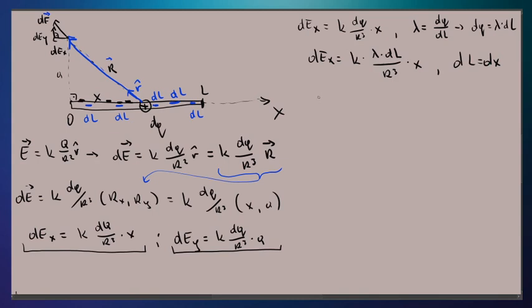So what I can do is write dEx equals k times lambda times, instead of dl, I can put dx times x, divided by r cubed. Now r squared equals a squared plus x squared, which gives me an expression for r, a squared plus x squared to the one half.